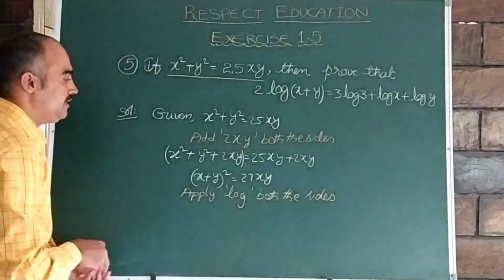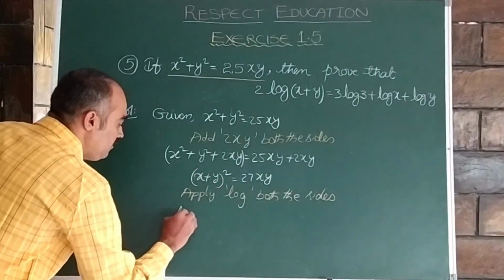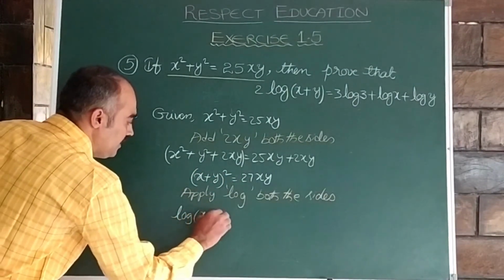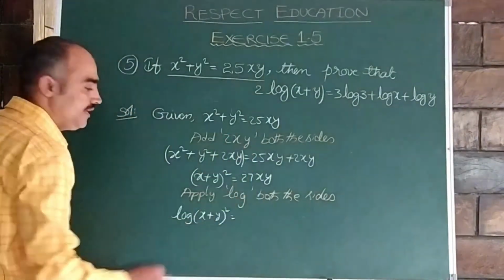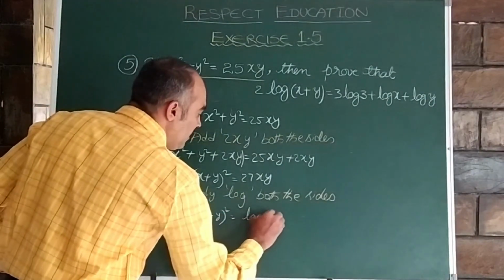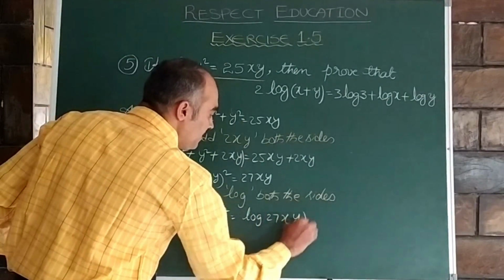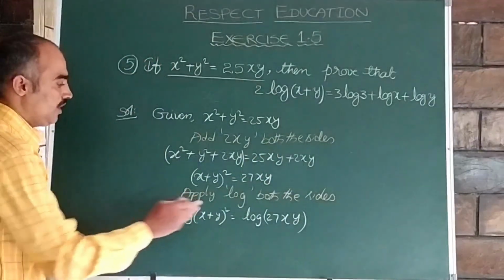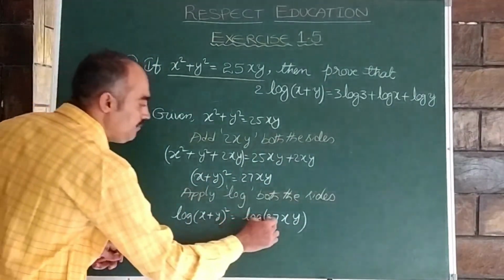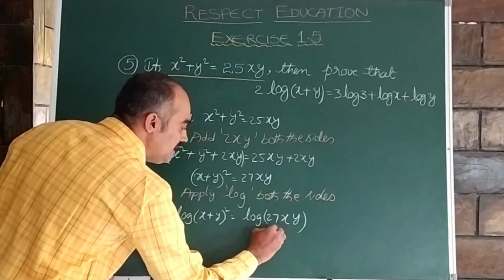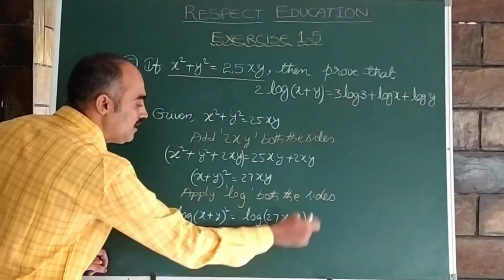So here what happens? It is log of x plus y whole square is equal to log 27xy, right?